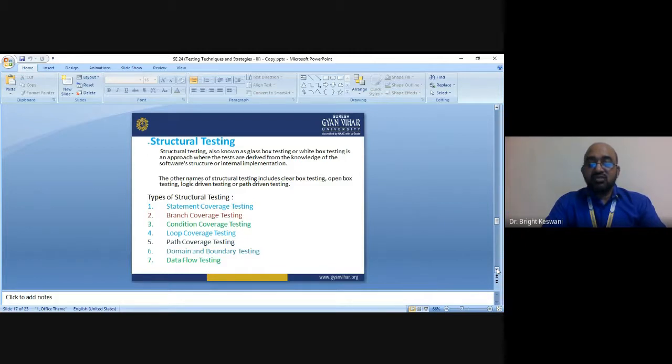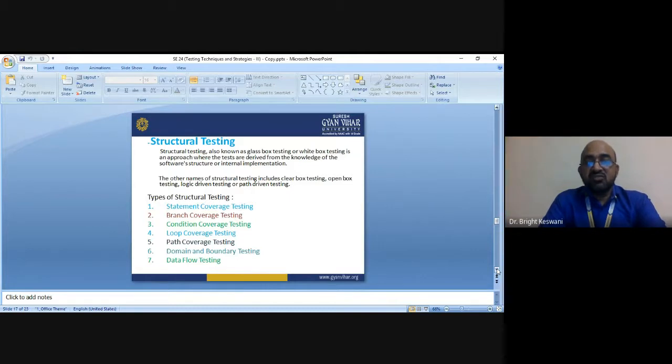There are various types of structural testing. The first type is statement coverage testing. Second is branch coverage testing, because you can check each and every structure that exists in the software.